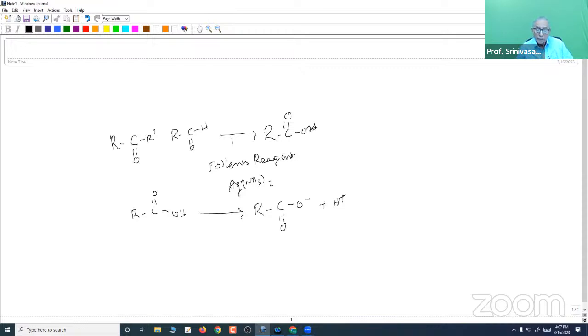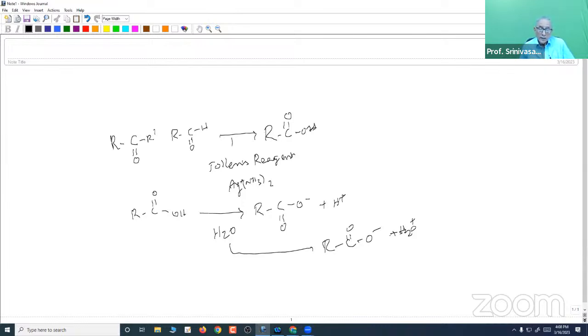And if the reaction is done in water, it would be RCOO minus plus H2O plus the hydrogen, which comes as a proton from the carboxylic acid, gets the water protonated, you get H3O plus.